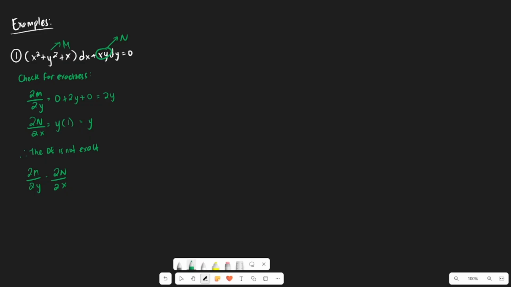Since we already have both partials, we can solve for this directly. We substitute 2y for the partial of M with respect to y, and y for the partial of N with respect to x. So we have 2y minus y, which is y.